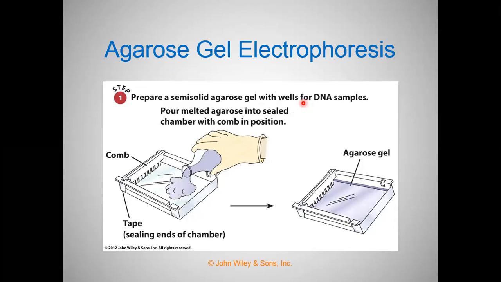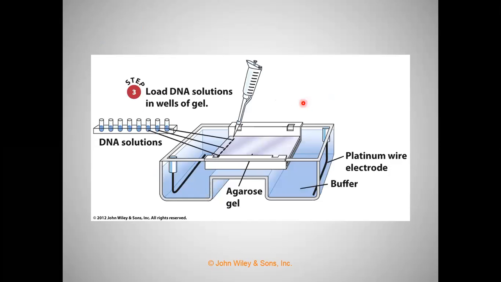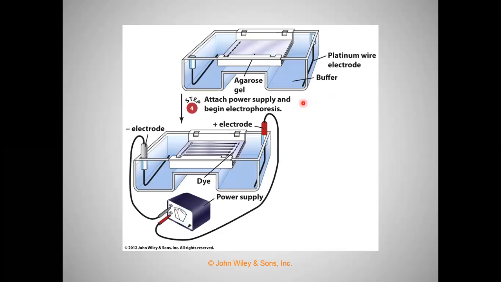Okay, this is agarose gel electrophoresis. This is the procedure for agarose gel electrophoresis. We prepare the semi-solid gel with wells for the DNA sample. Then we place that gel into the running tank, pour the sample into the wells, and then we provide the electric current to this agarose gel.